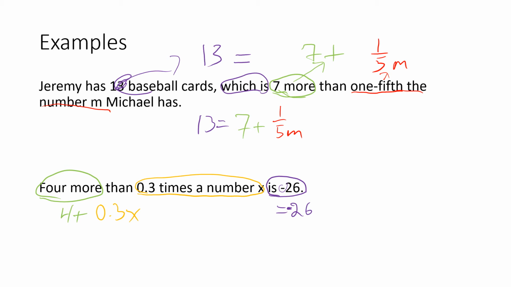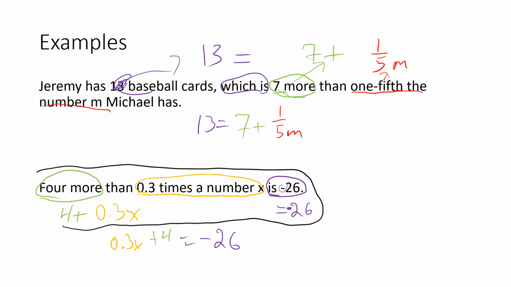Again, because we can do addition in any order, we could also write it like this: 0.3x plus 4 equals -26. This is perfectly acceptable because that is exactly how it's written in our sentence, but it is okay to reorder it.